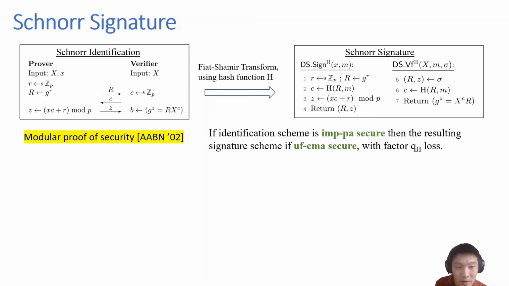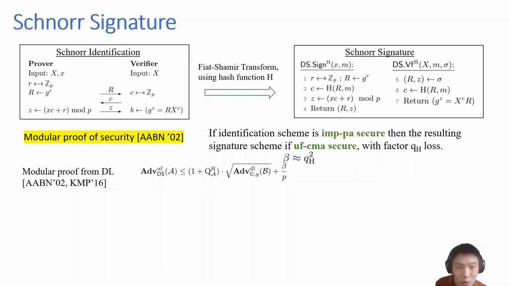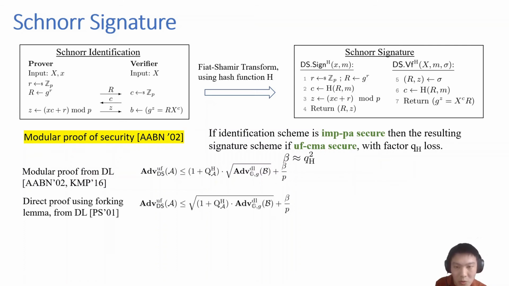Quantitatively, using the composition result by AABN and the IMP-PA to DL reduction, we get a bound of this form, and there's a square root around the discrete log advantage. But actually, if one were to do a direct proof using the forking lemma, as done originally in Pointcheval and Stern, the Q here will actually go underneath the square root.